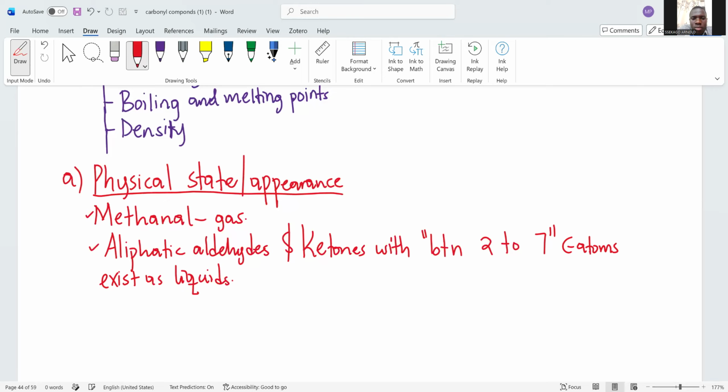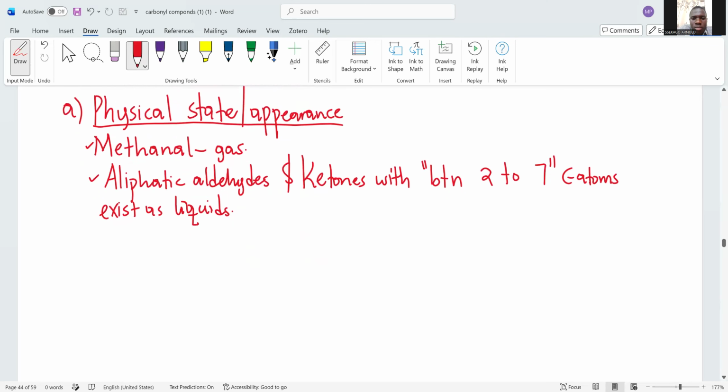There are also those that are aromatic. If you are aromatic but you have fewer carbon atoms, for example benzaldehyde, it can exist as a liquid. Aliphatic aldehydes with between 2 to 7 carbon atoms occur as liquids.